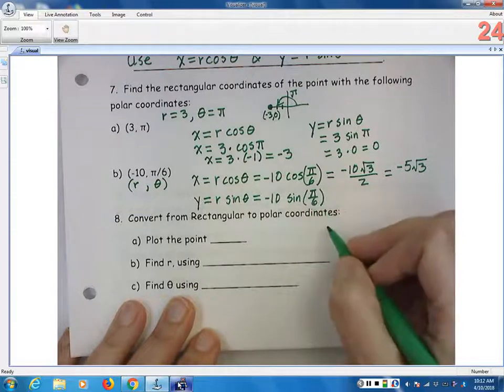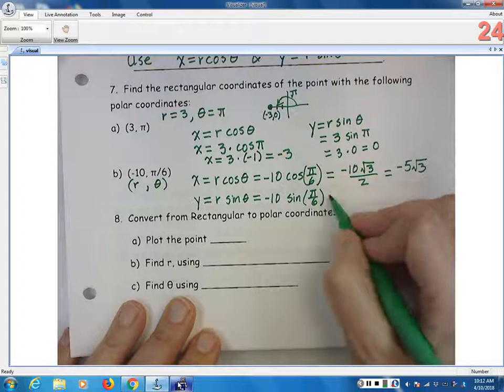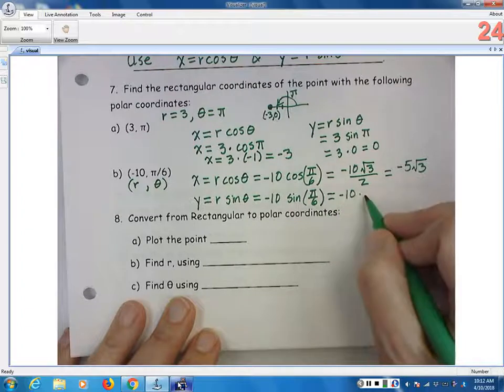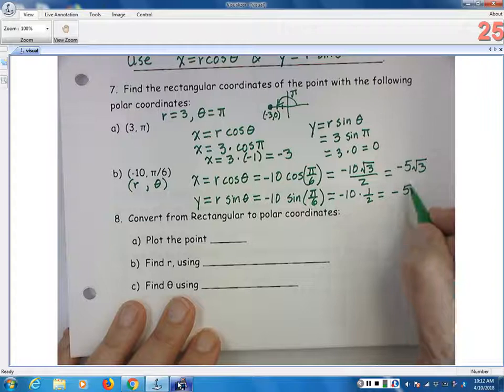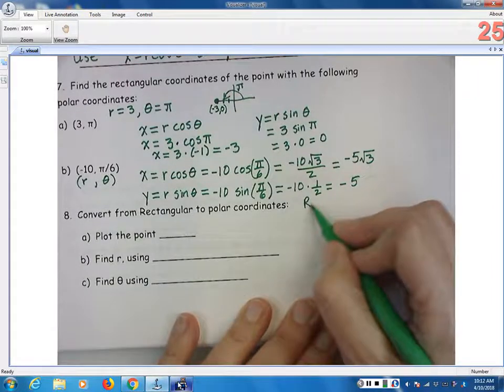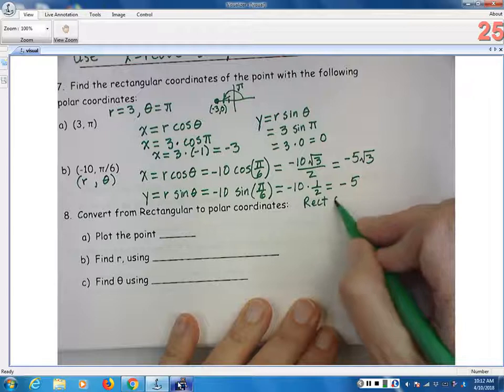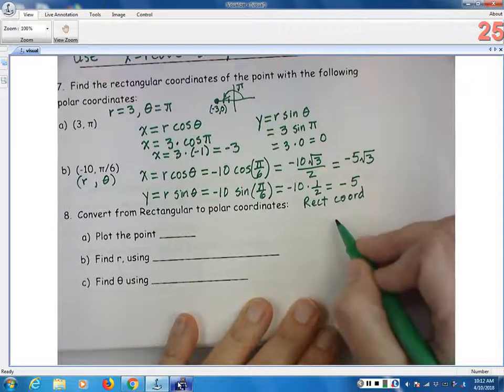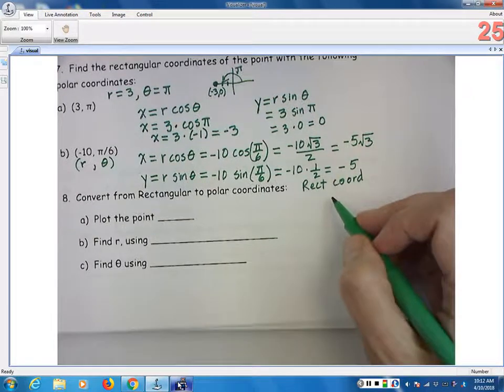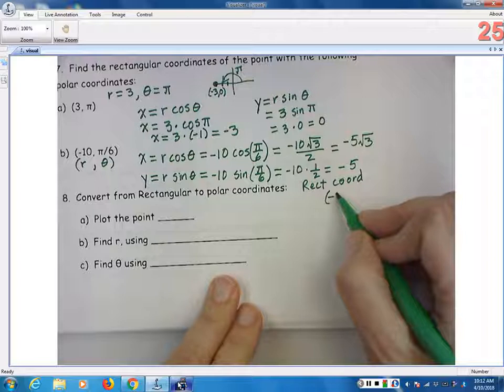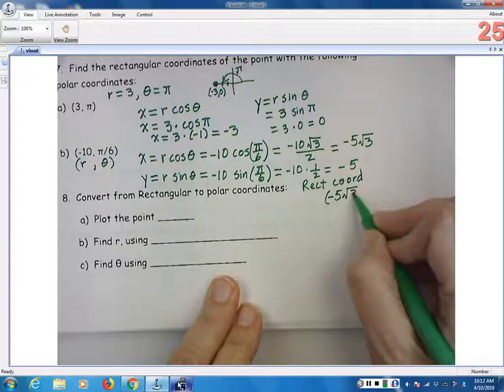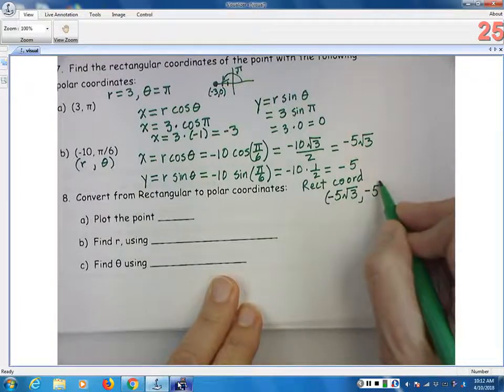Sine of pi over 6 is a half, so y is -5. Our rectangular coordinates are (-5 square root of 3, -5).